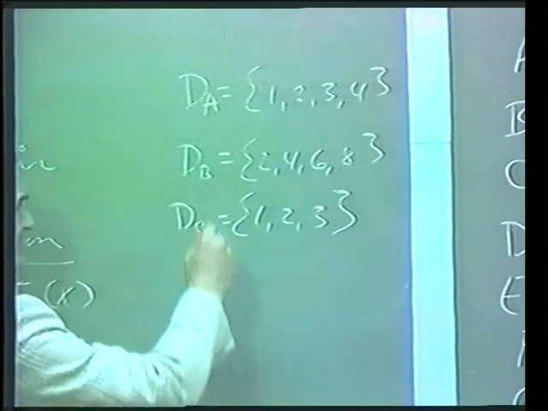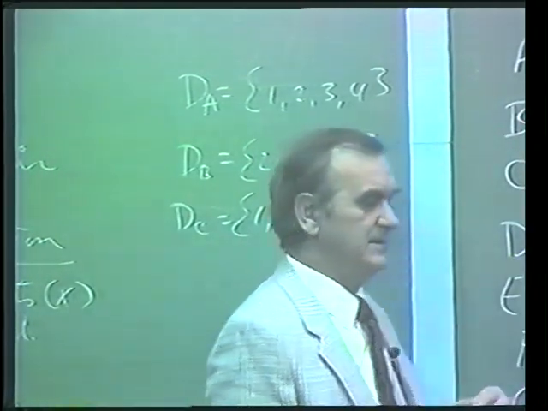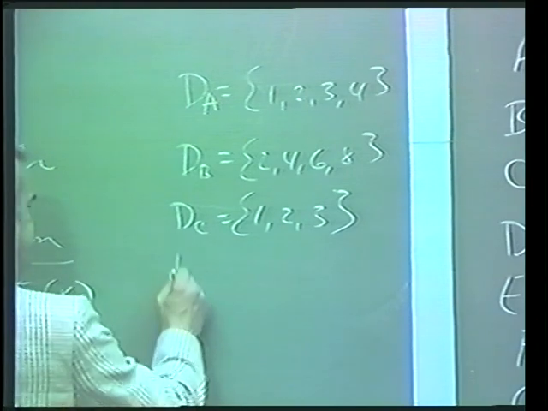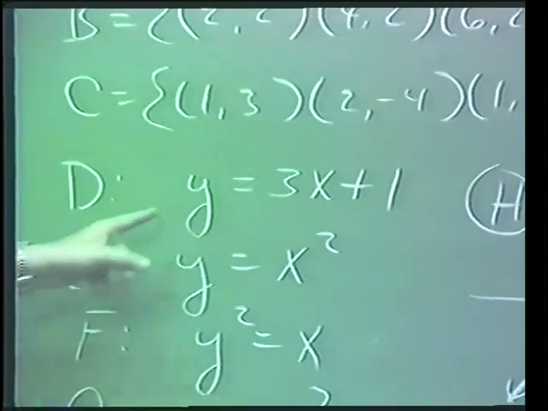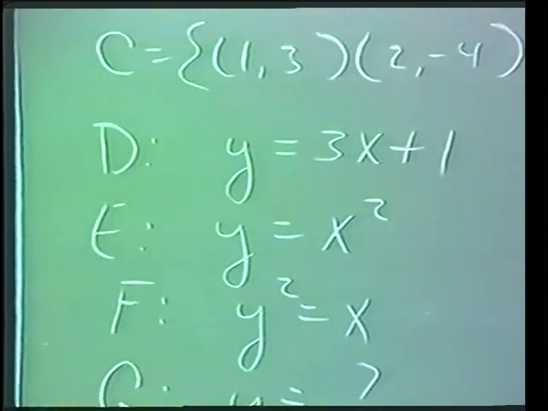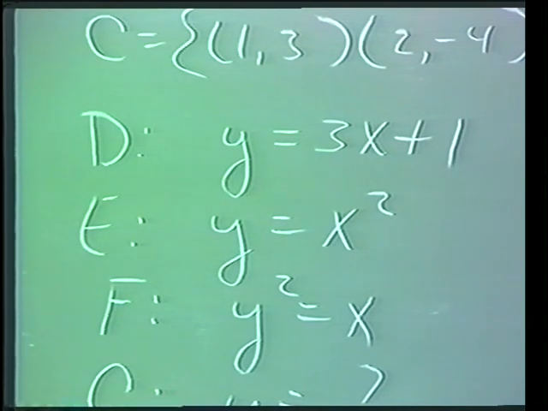Now these were easy. The domain was spelled out for you. Let's go down to the domain of D. Okay? We said this is a relation. Now the question is, what numbers can I use for x there? Any number. I can use all the reals.